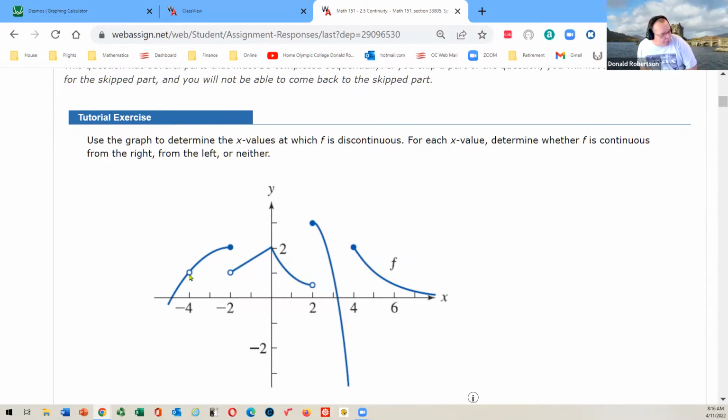Can anybody remember what name we give to that kind of discontinuity? There were three common names. What do you call that one where there's a little hole? It falls under removable.